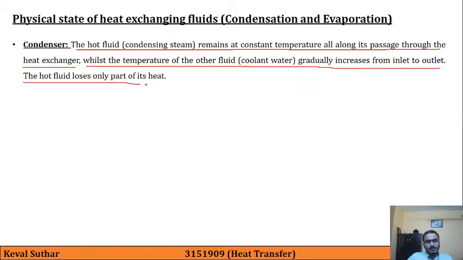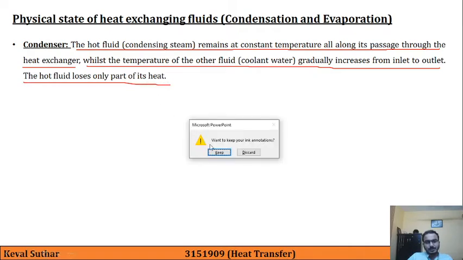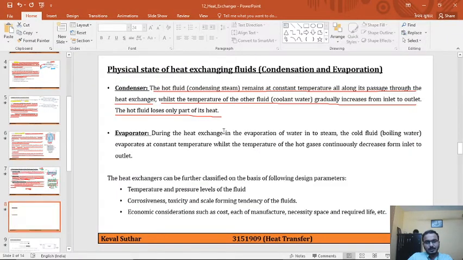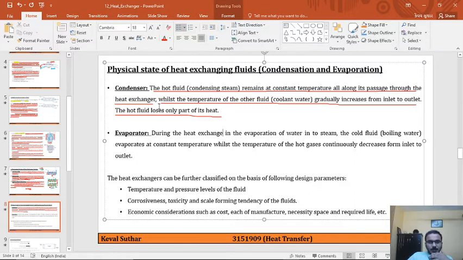The hot fluid loses only a part of it. So here, in the condenser, the steam will remain at constant temperature, it will lose only its latent heat, while the other fluid, that is cooling water, will have an increase of temperature.